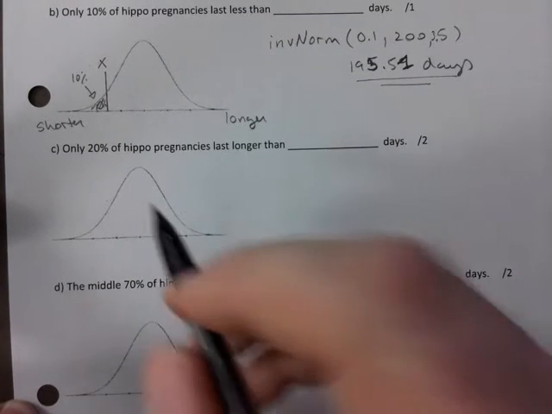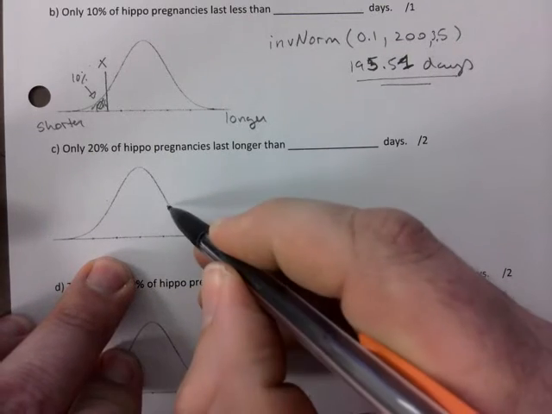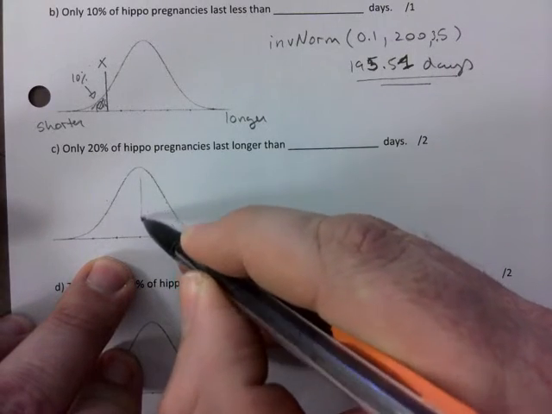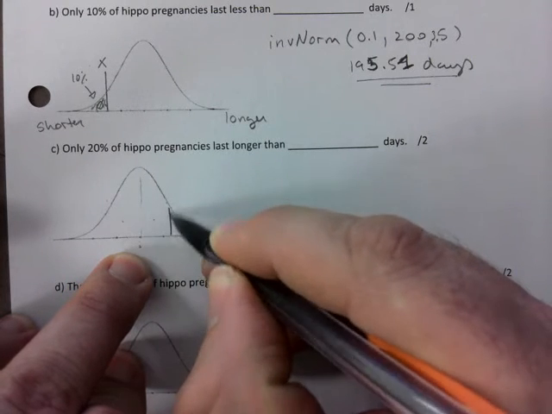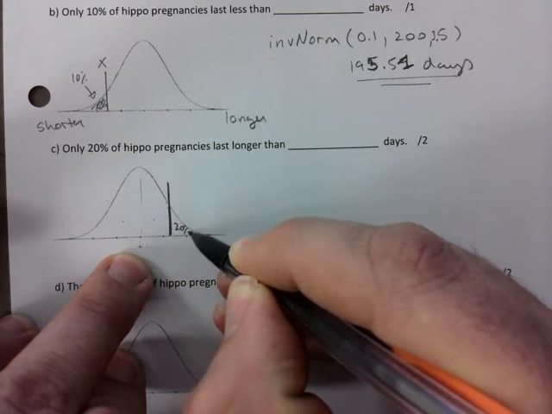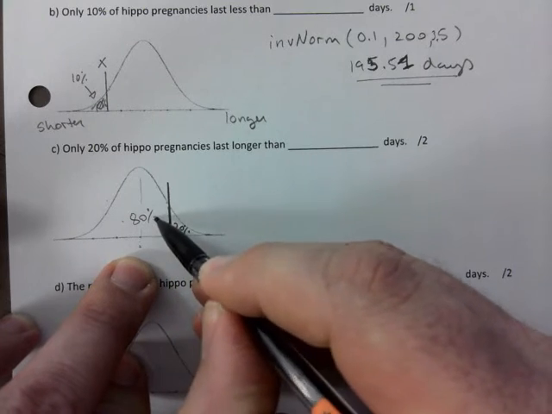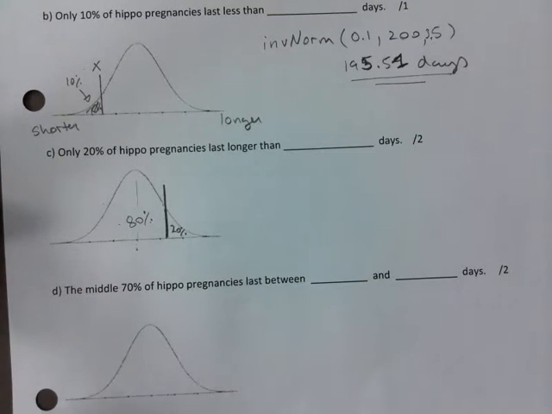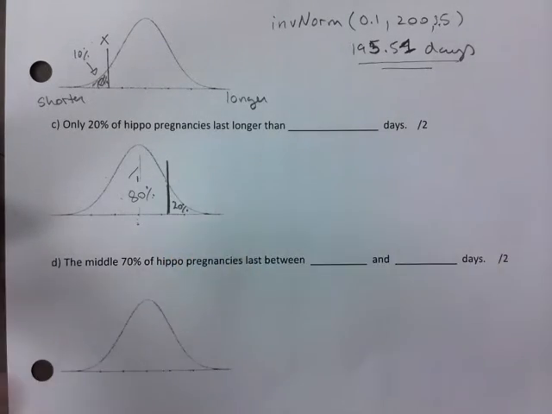Okay. Only 20% of hippo pregnancies last longer than this many days. Imagine if you found this value, you would have 50 longer, 50 shorter. You want a value here that would put 20% of the pregnancies taking longer, which means that everything to the left of that value is 80%. So I give you 1 mark for having that 80% somewhere in there.